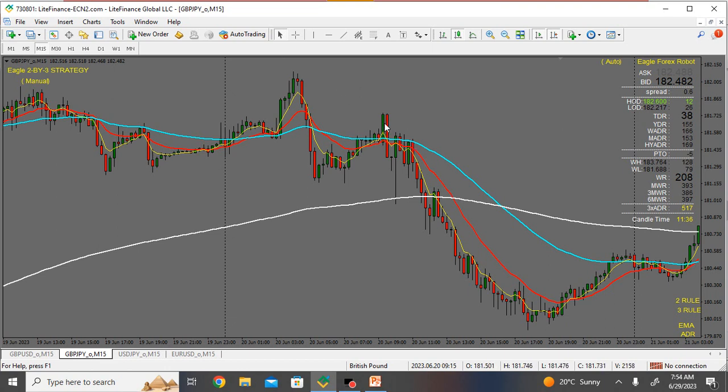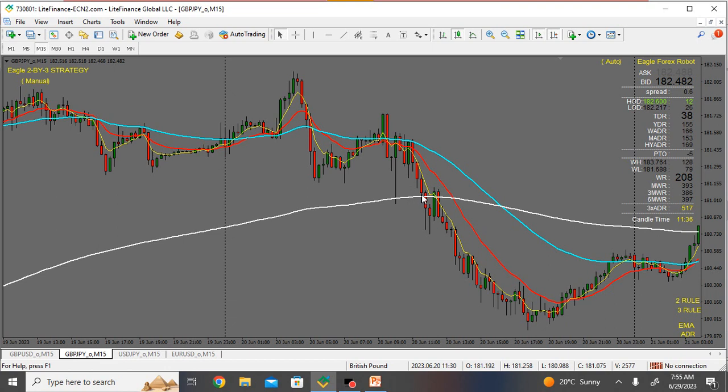So this is a sell. Now you could take your sell order here or here after this candle closes below the catch-up exponential moving average, or 15 exponential moving average. Then you take your order.